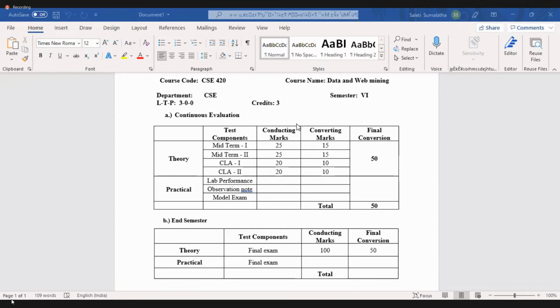Out of 15, maybe the best 12, like that. If 20 is considered, then best 17, like that. So that depends on the number of quizzes I'll conduct.